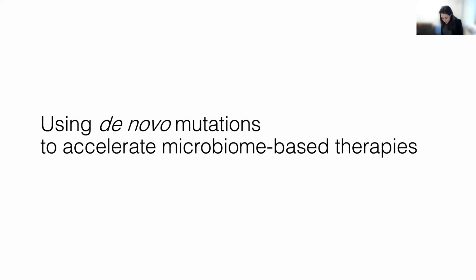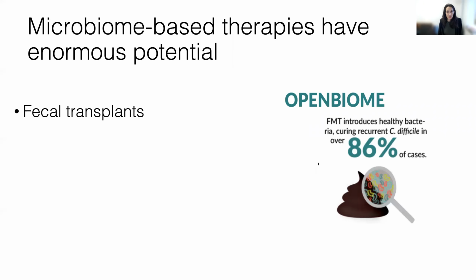And so we're using these de novo mutations to understand microbiome-based therapies. You might be saying, well, we study pathogens, why should we care about the microbiome? I care about the microbiome because I think there's an enormous potential for microbiome-based therapies. You're probably familiar with the famous efficacy of fecal transplants in curing recurrent Clostridium difficile infections. But this is really just the beginning, right?